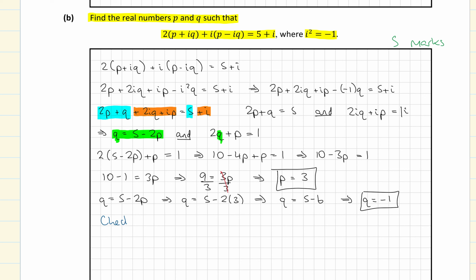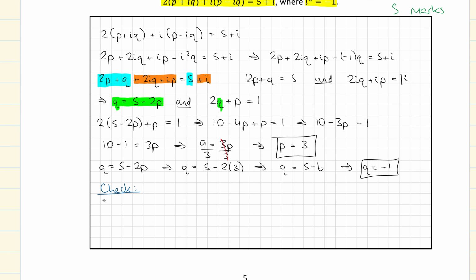This isn't a necessary step, but it's no harm, just for peace of mind. So we had 2 times p, we know is 3, plus i times minus 1, plus i times p, which is 3, minus i times q, is equal to 5 plus i.